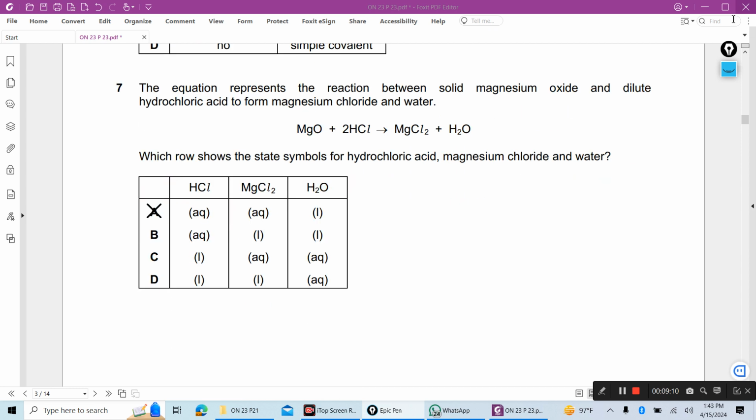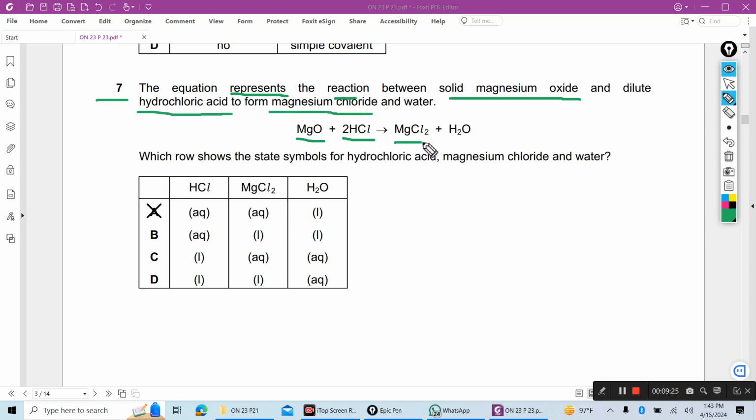Next, 7. The equation represents the reaction between solid magnesium oxide and dilute hydrochloric acid to form magnesium chloride, MgCl2, and water. Which row shows the state symbols for hydrochloric acid, magnesium chloride and water?